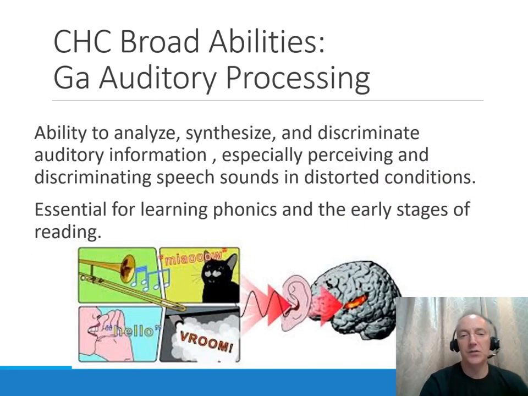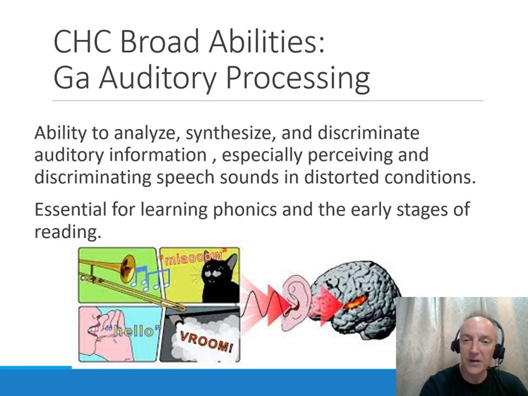Then there's auditory processing. This is your ability to deal with phonemes. We talked about that as the smallest unit of sound when we were talking about language. So how well can you analyze and synthesize and discriminate those sounds? This is the kind of skill that is essential for learning how to read.